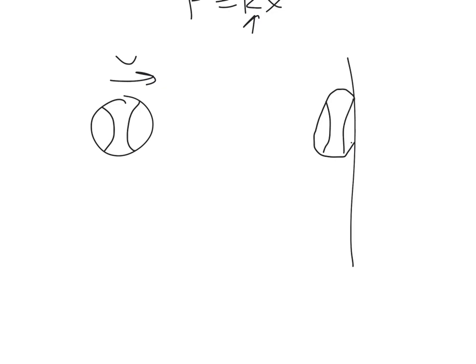This is the equilibrium width of the tennis ball, and it's squeezed into a shorter width here. The squeeze is in this direction, so that's the delta x. The force is back in this direction, and that's the force.